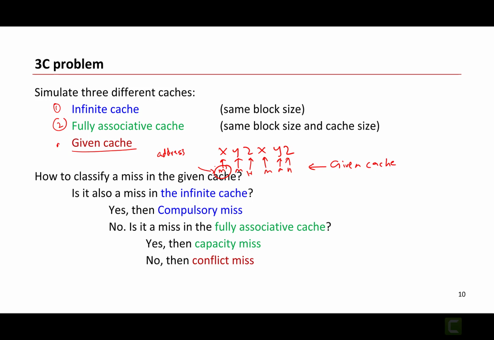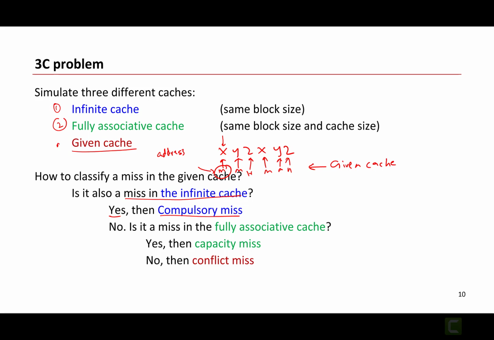And you're asking yourself what type of miss each one is. To answer that question, the first thing you need to find out is whether this miss for a given address is also a miss in the infinite cache. If the answer is yes, then you would say it's a compulsory miss.